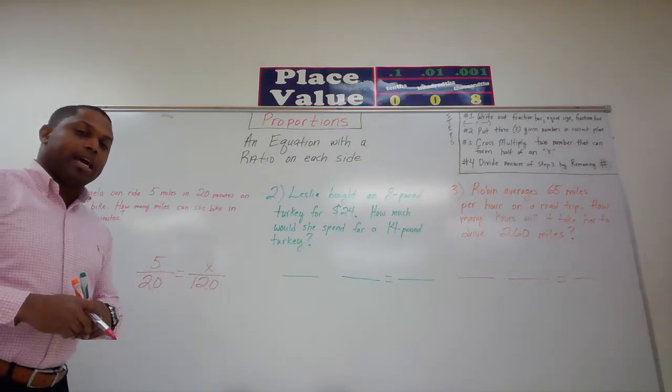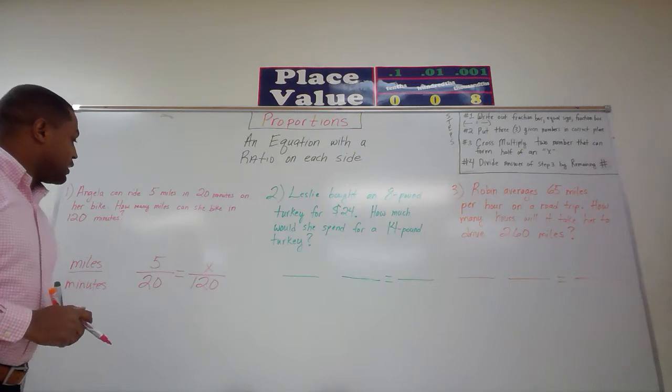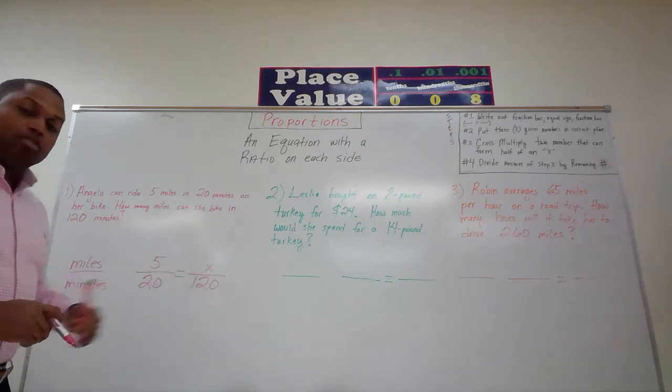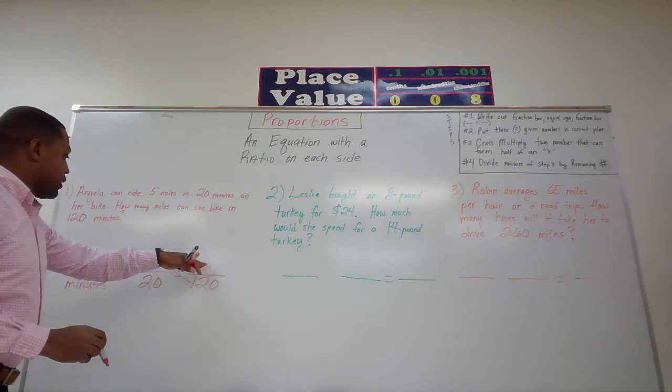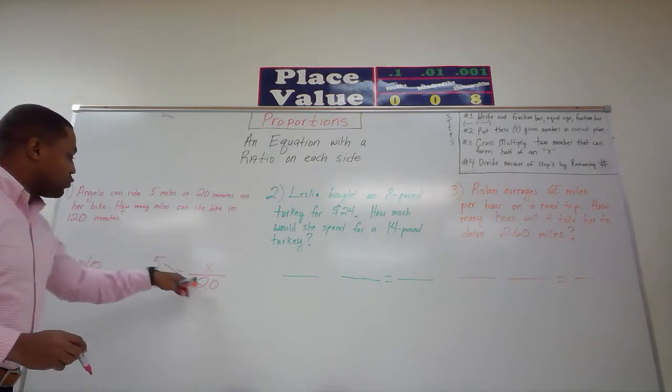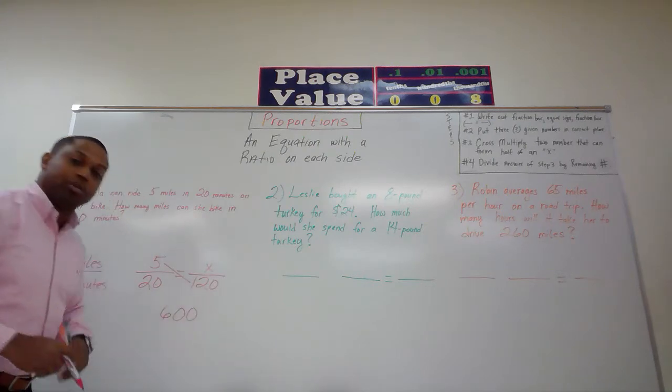In order to find that, I'm going to cross multiply 5 and 20. There's no number for me to cross multiply here, so I'm going to cross multiply 5 and 20. That gives me 600.